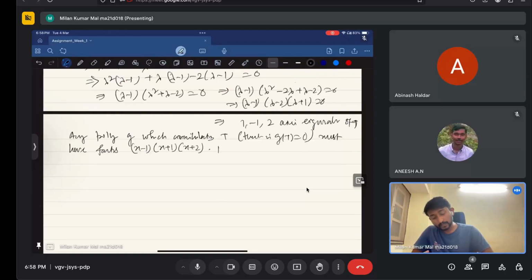But for all other options, like A, C and D, the corresponding polynomial does not have these factors.